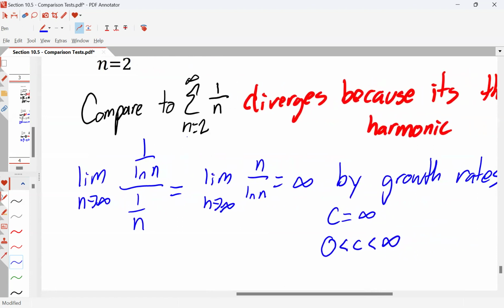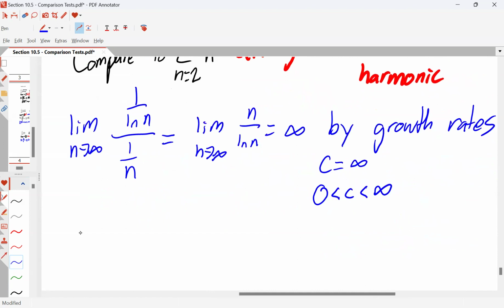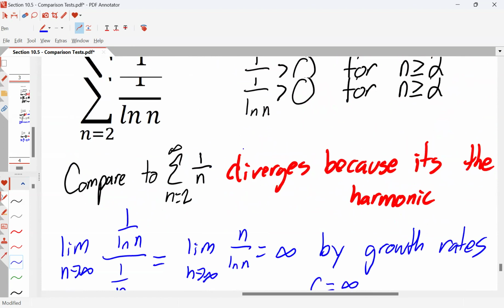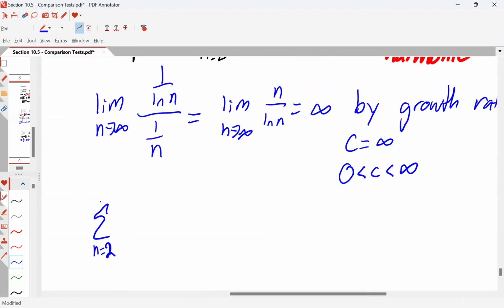But because we're comparing to something that diverges, and we get the limit of infinity, since both those things are true, we can make our conclusion. So the series n equals 2 to infinity of 1 over the natural log of n, because our limit's infinity and the 1 over n series diverges, this series diverges as well by the limit comparison test.